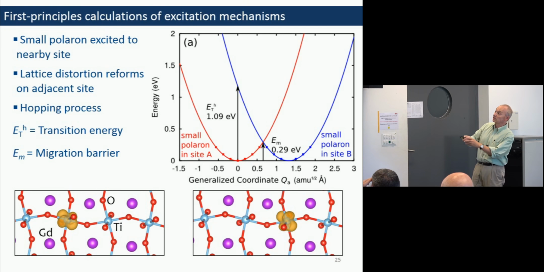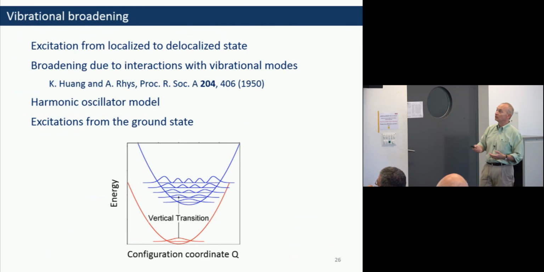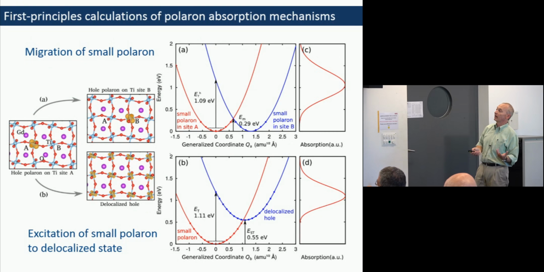You have a polaron on one side, you have a polaron on another side. You analyze these curves in a similar way, and you get information about the excitation energy that you need to actually move this polaron. Okay. So we did a more elaborate analysis of this to actually map out what the optical absorption curve would look like as a function of photon energy to have these excitation processes.